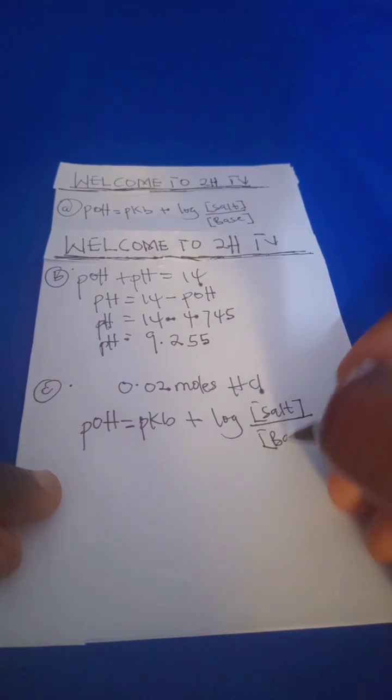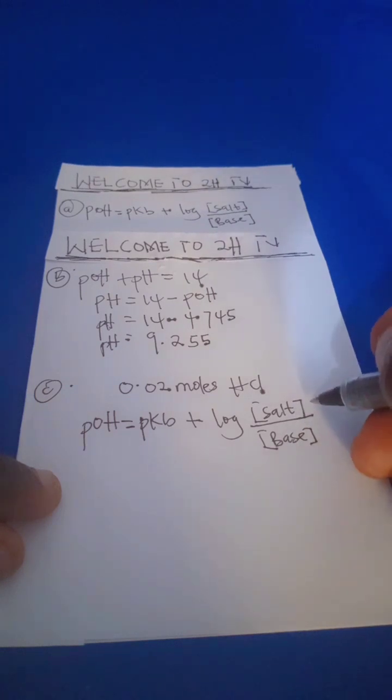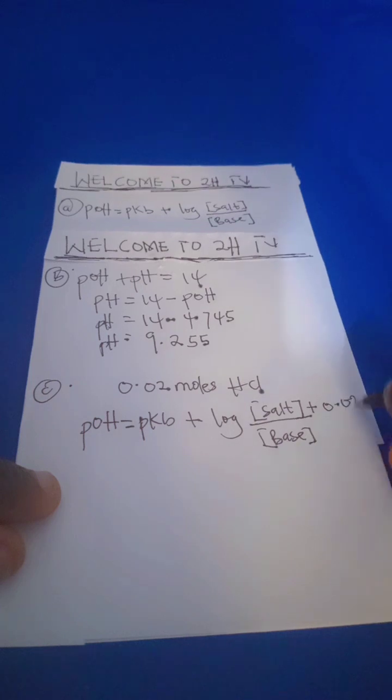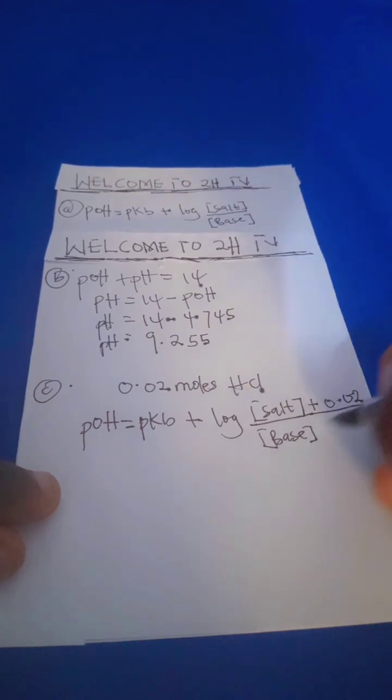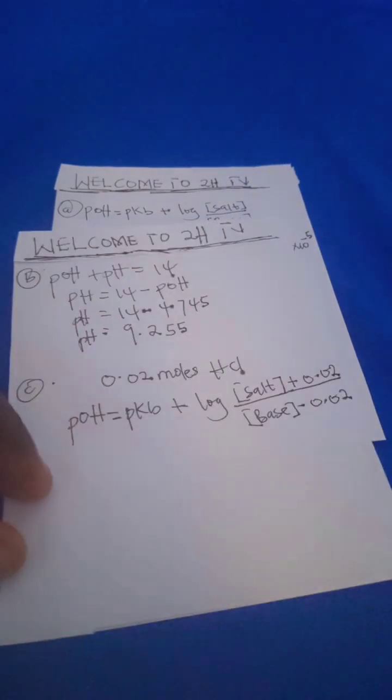Then the base, so it will increase the acidic component by the same amount, so plus 0.02, then minus 0.02. So you just quickly insert your values.